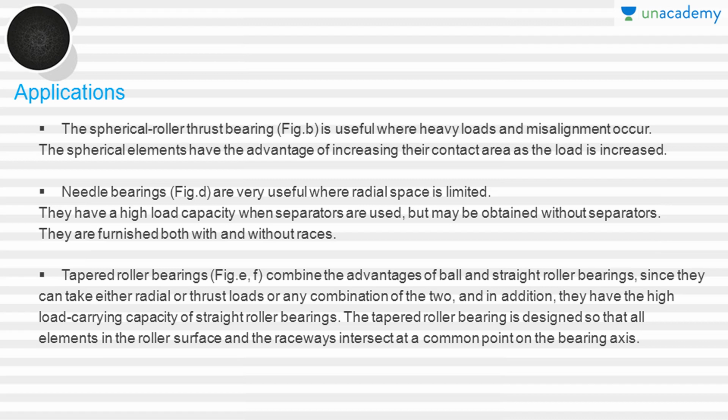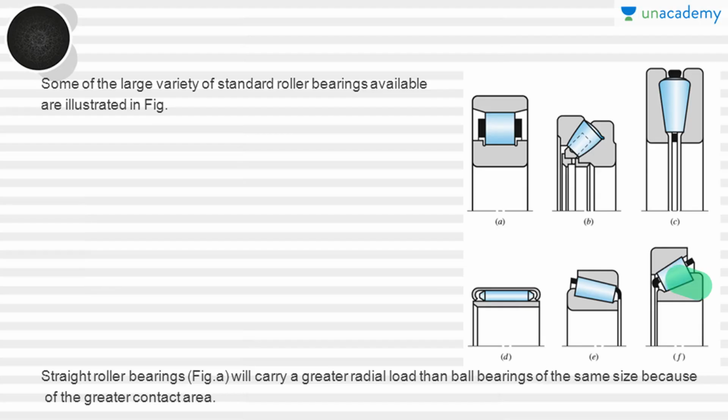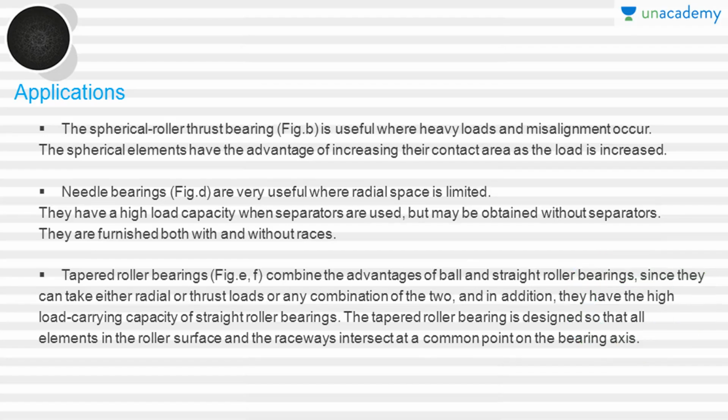The taper roller bearings in figures E and F combine the advantages of ball and straight roller bearings, since they can take either radial or thrust loads or any combination of the two loads. In addition, they have the high load carrying capacity of straight roller bearings.